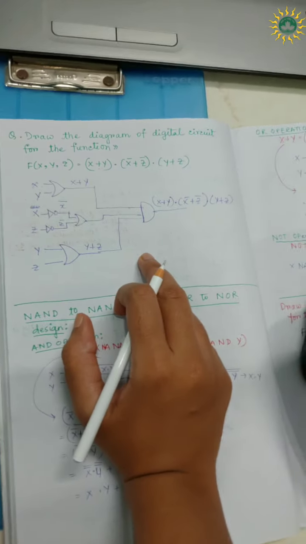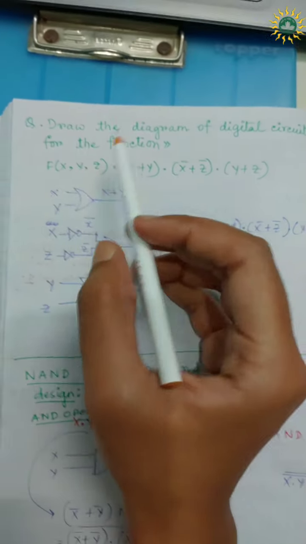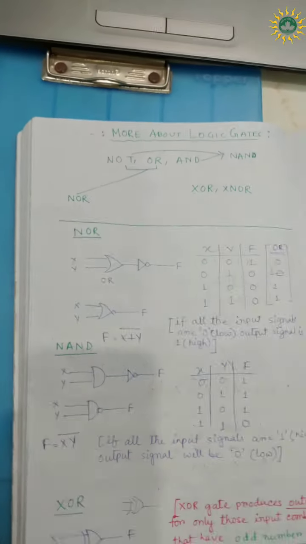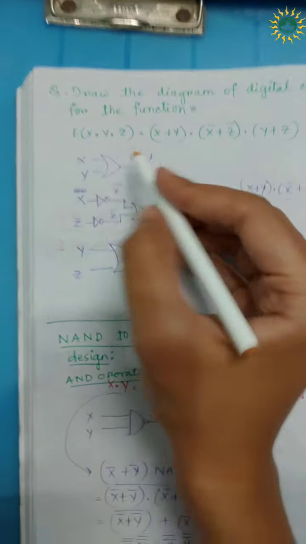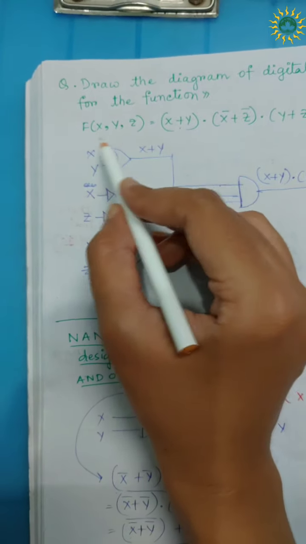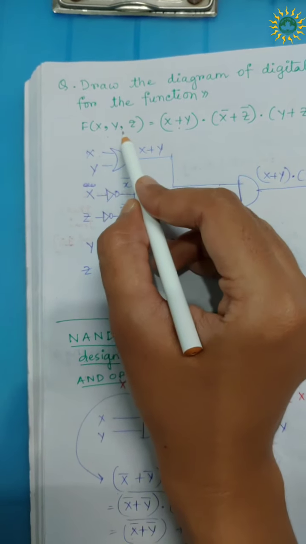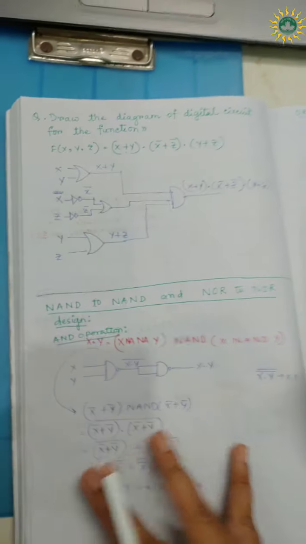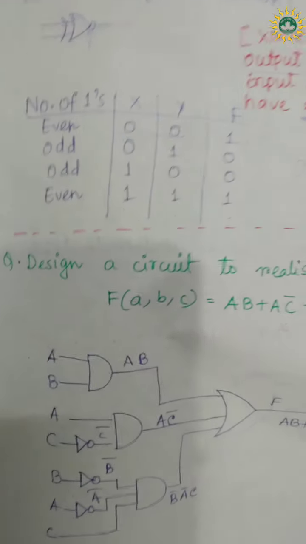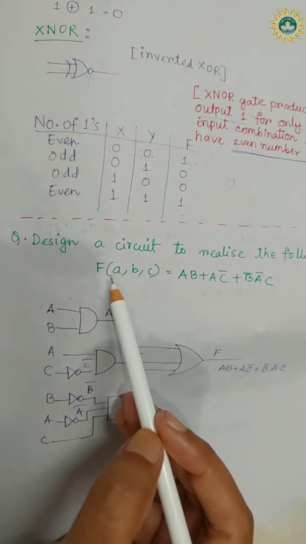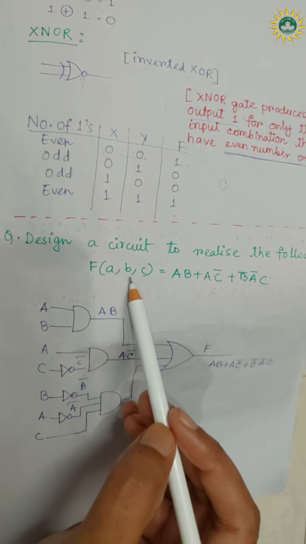So this is product of sum. Please keep one thing in mind. If you have product of sum, then the x, y, z in the function will be given as capitals. And if you have sum of product, then the literals will be given as the smaller ones, a comma b comma c.